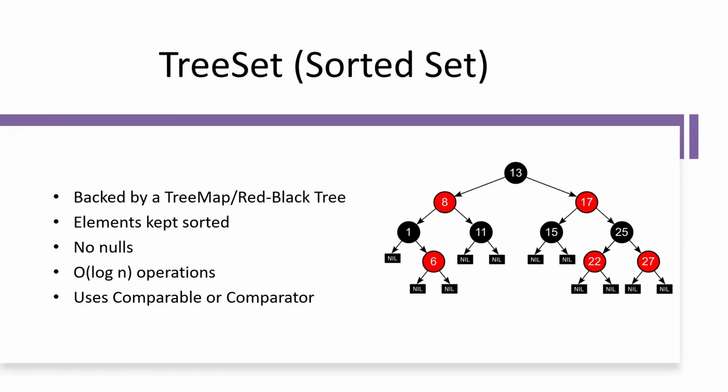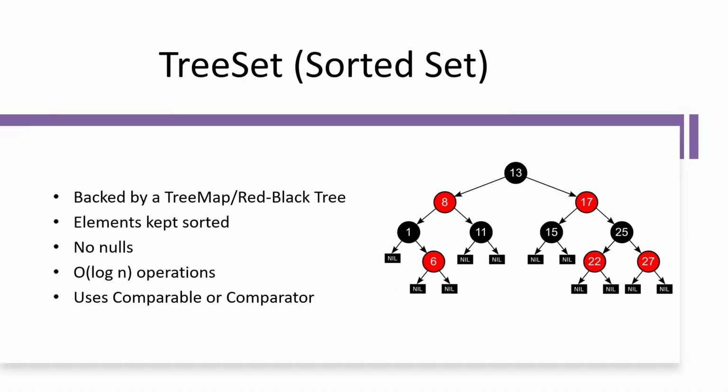And another rule of thumb is any data structure, any collection with the word tree in it is sorted because it has some tree map backing it up and doing the sorting. The elements are kept sorted. However, TreeSet does not allow null values. And its operations are O of log n, faster than linear, but slower than constant time.